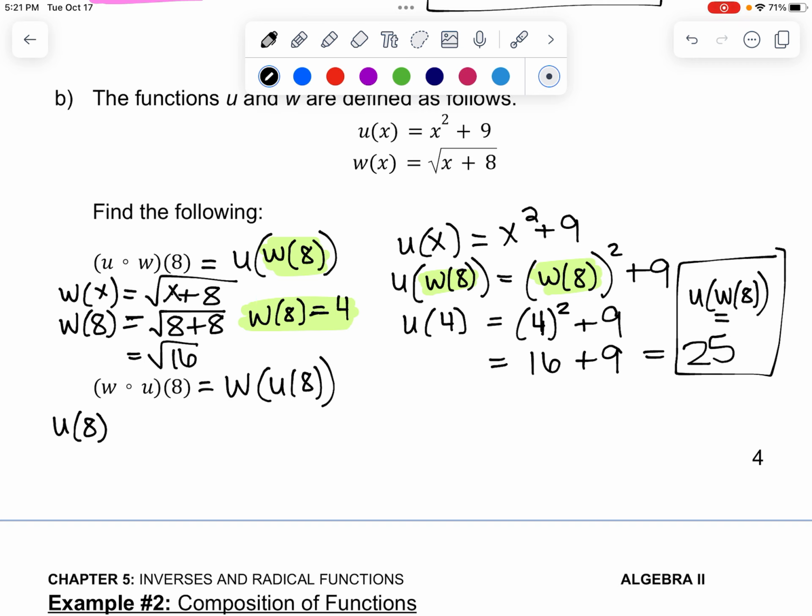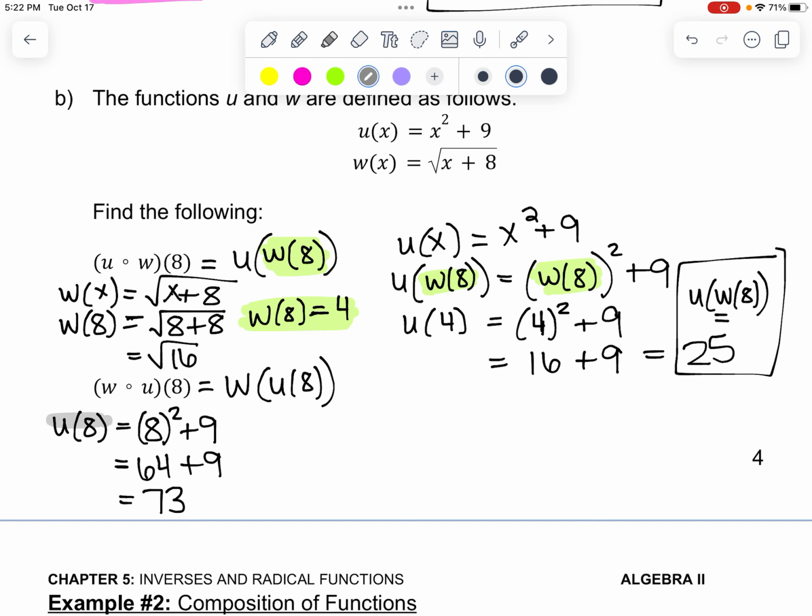And u of 8 is going to be putting an 8 in for x, so I get 8 to the second power plus 9. 8 times 8 is 64, so you get 64 plus 9, which gives me 73. So u of 8 is equal to 73.